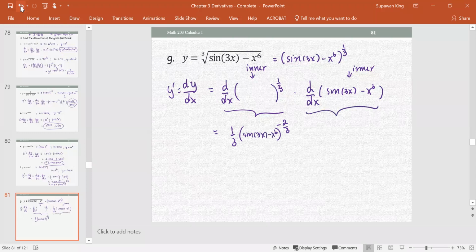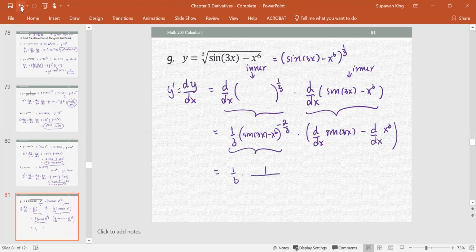And then the next one is the derivative of the inner function, which is the derivative of sine of 3x minus the derivative of x to the power 6. For the first group here, we have 1 over 3 multiplied by 1 over the quantity sine of 3x minus x to the 6 to the power 2 over 3.